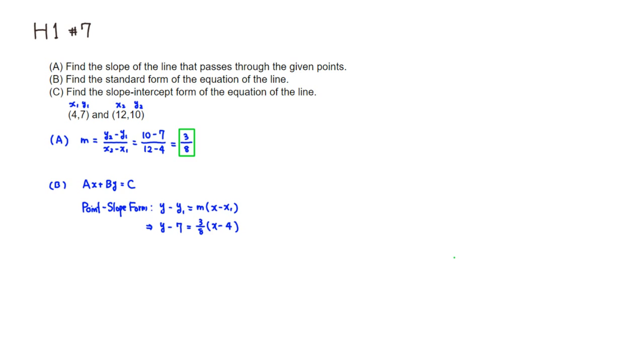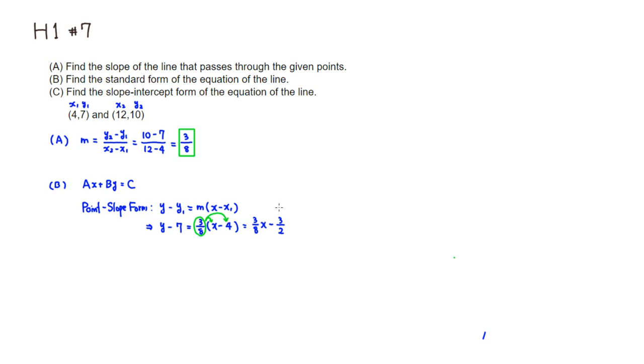First thing I would do is distribute this slope to the first term and the second term inside the parentheses. So this is going to be 3/8 x minus, and 4 and 8 cancel out, so 3/2.